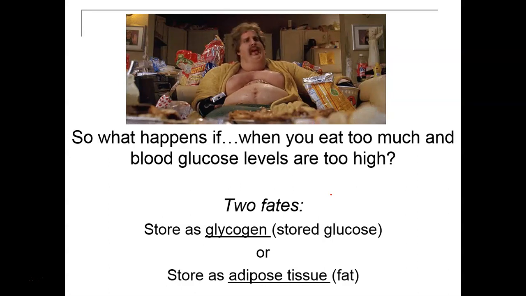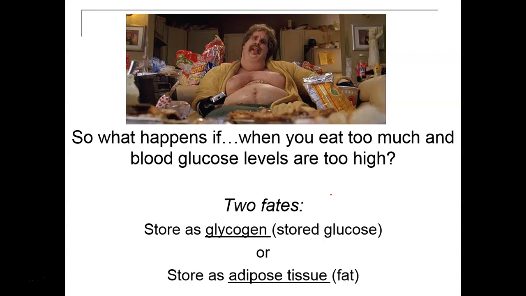Anyways. So what happens when we eat too much? Now, it's not always when you've eaten too much. For sure, you can have different conditions, like different liver pathologies, diabetes, that sort of thing.